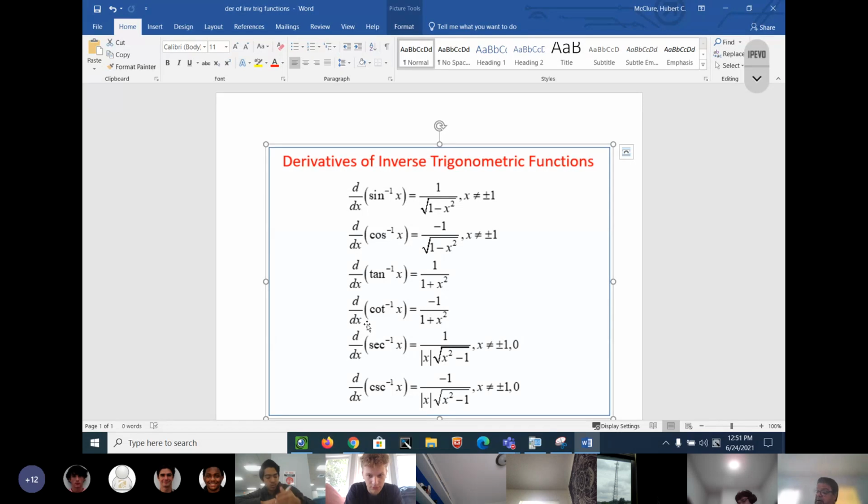Okay, so x cannot equal positive or negative 1, because that would give you 0 in the denominator. So now that we got that done, let's go back.